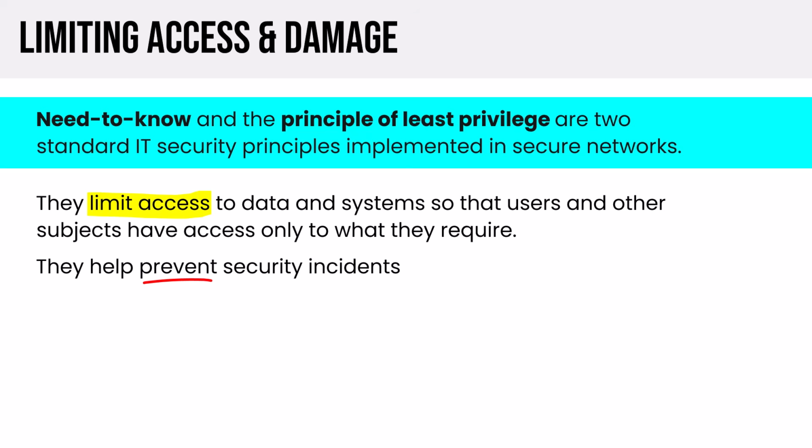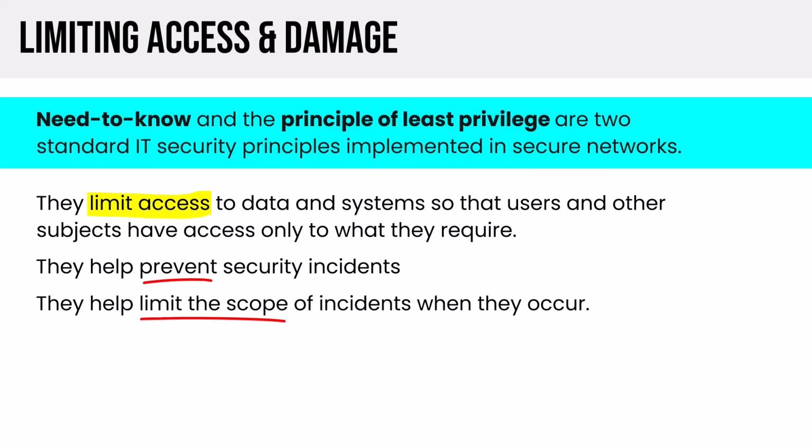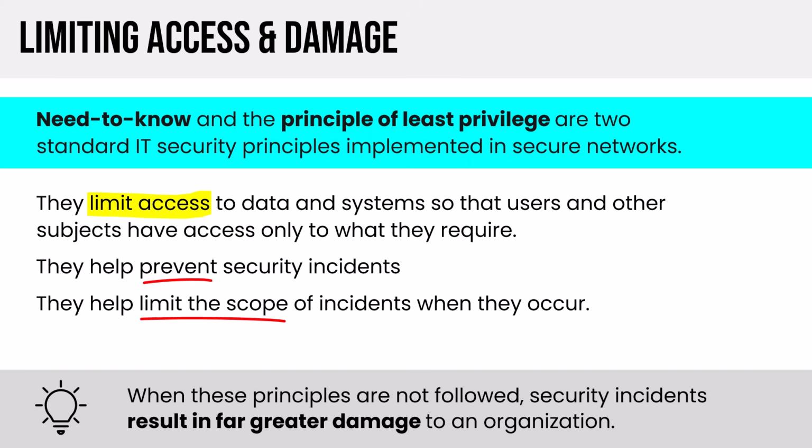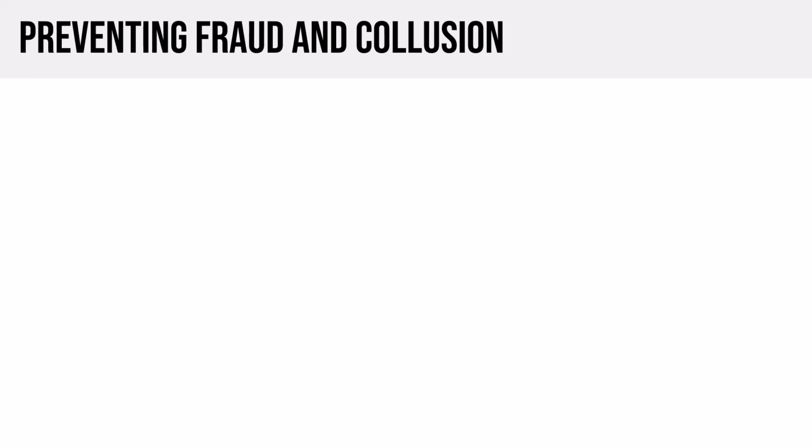And if we have a security incident, it's going to help limit the scope of damage. So when we apply these principles, we're going to minimize the potential impact. When we ignore need to know and least privilege, we're going to expose ourselves to potentially far greater damage in the event of a security incident. So let's talk about fraud and collusion.